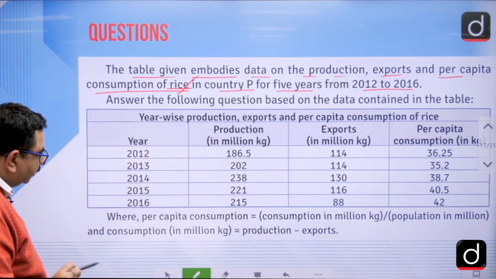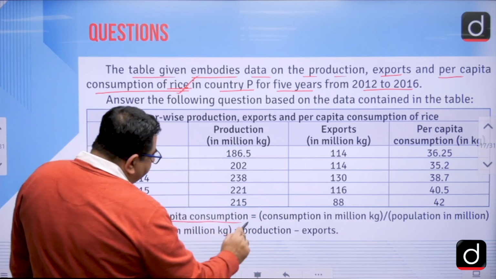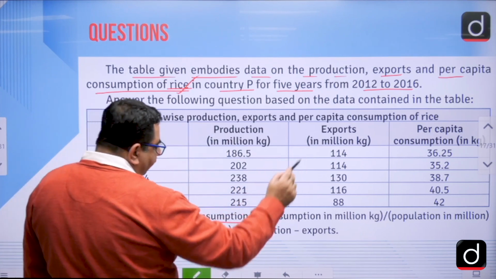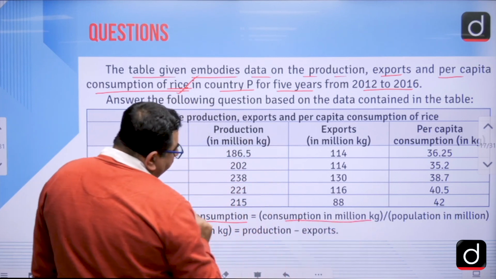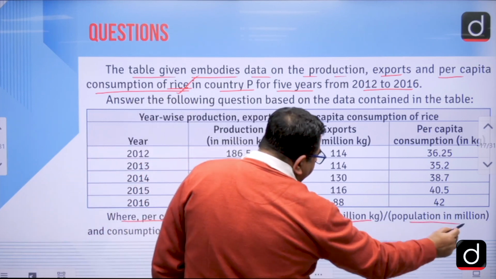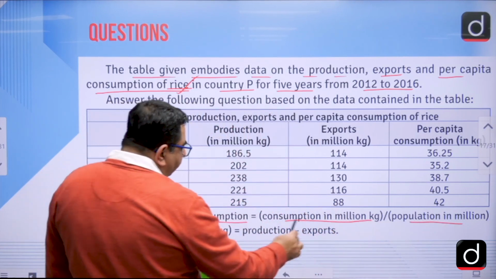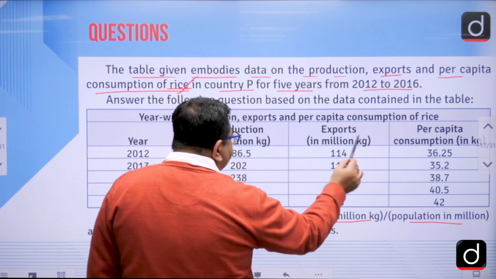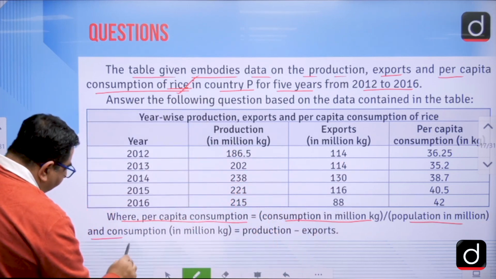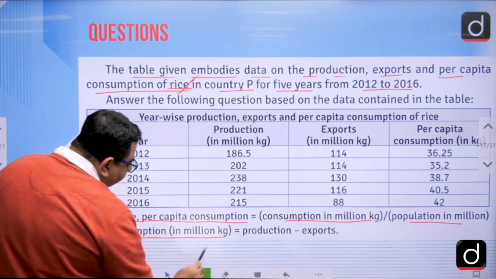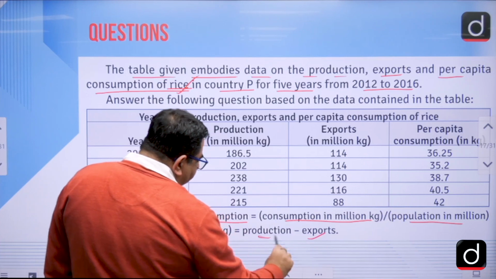Some other things provided with the question: per capita consumption is equal to consumption in million kgs divided by population in millions. Now, consumption data is not given to us. In the next line it is given that consumption in million kgs is equal to production minus exports.